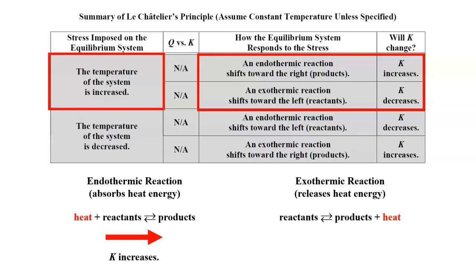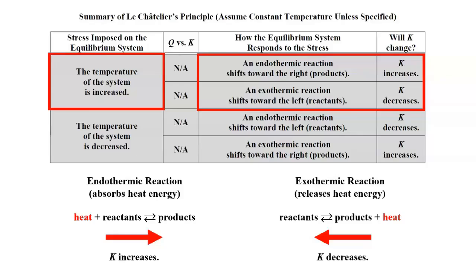On the other hand, if you have an exothermic reaction, which releases heat energy, if the temperature of the system is increased, again, it's like you're adding heat energy to the system, an exothermic reaction will shift toward the left, toward the reactants, and as a result, the value of K decreases.